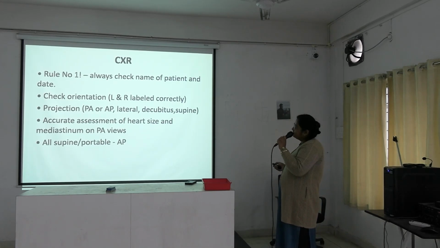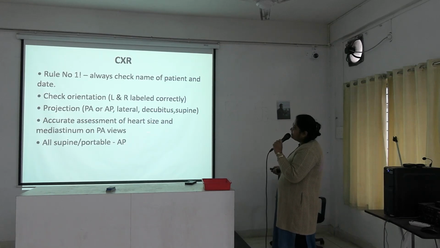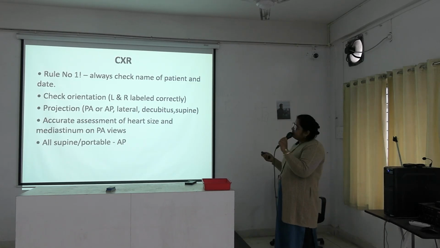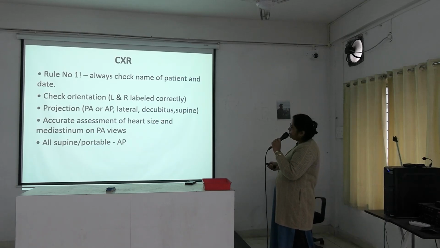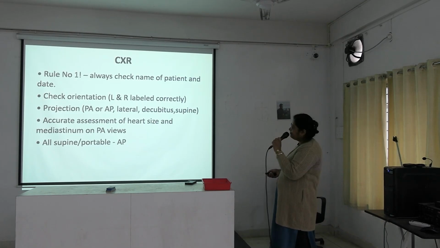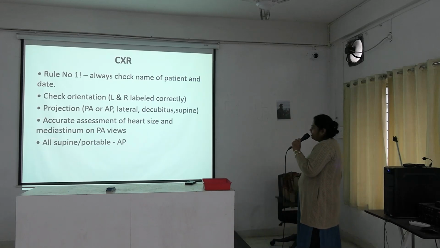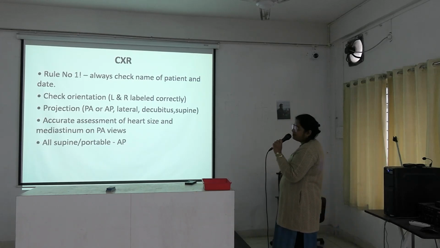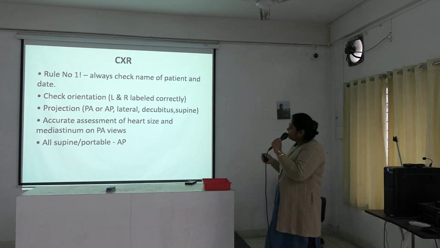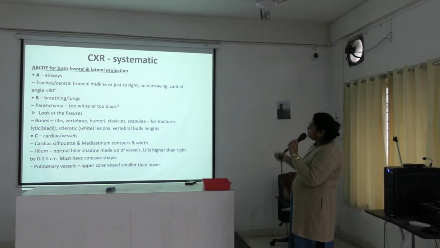Accurate assessment of heart size and mediastinum can be done only in the PA view. In bedridden patients, generally AP view is done, so there you cannot assess heart size and mediastinum. All supine or portable bedside X-rays are AP views.